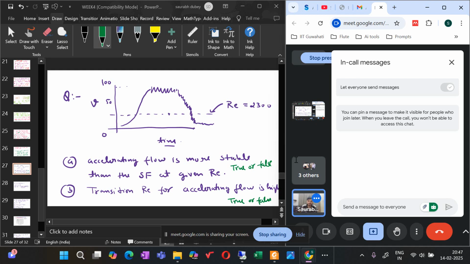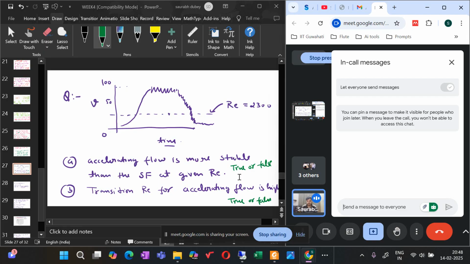The sir was mostly explaining the misconceptions associated with these things. If you remember, I will point to that slide again here, then it will be good. So you just attempt this. A, is it true or false?